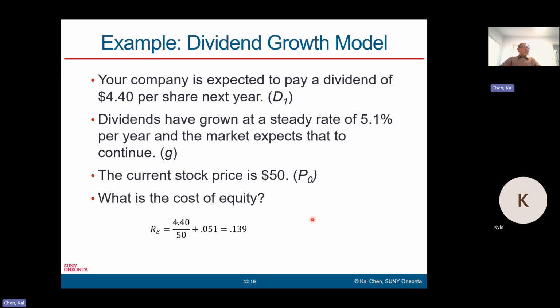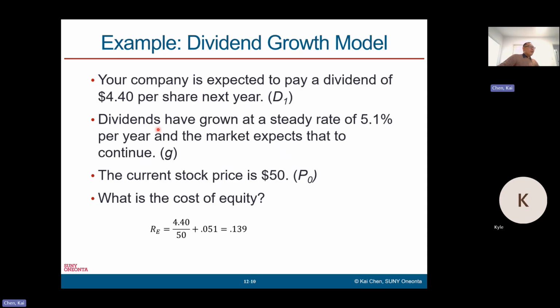Now let's look at an example. Your company is expected to pay a dividend of $4.40 per share next year. Next year, so I use the notation D1. You have to be careful: here the dividend information is the dividend you expect to receive in the coming period. That is D1.